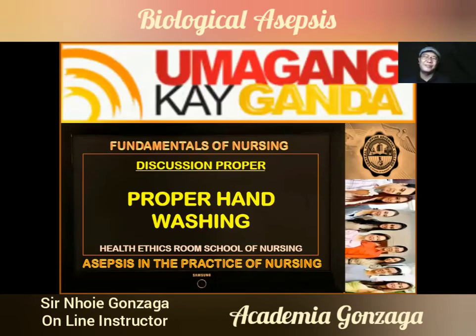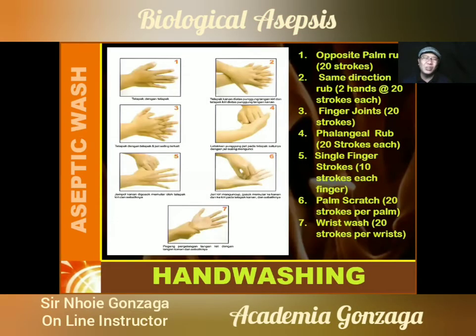Now, proper hand washing. Of course, we have instructions here. Opposite palms, 20 strokes, same direction, palm. And then you have finger joints, phalangeal rub, single finger strokes, palm scratch, wrist wash.